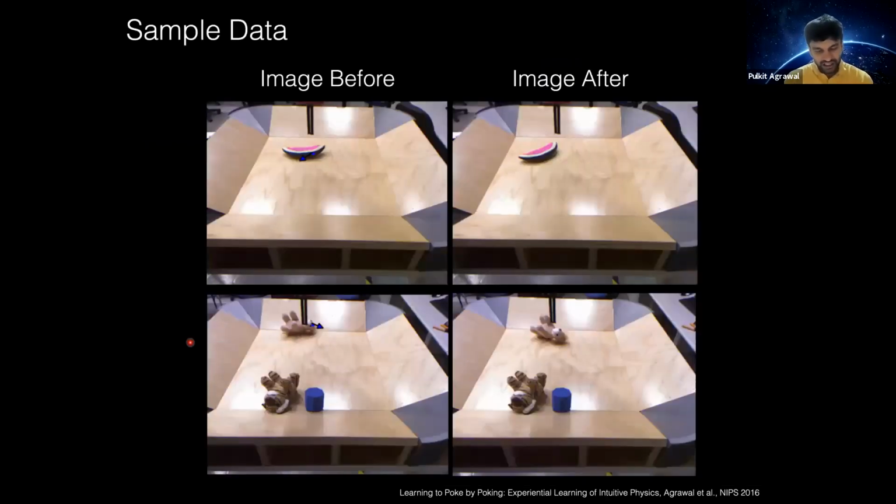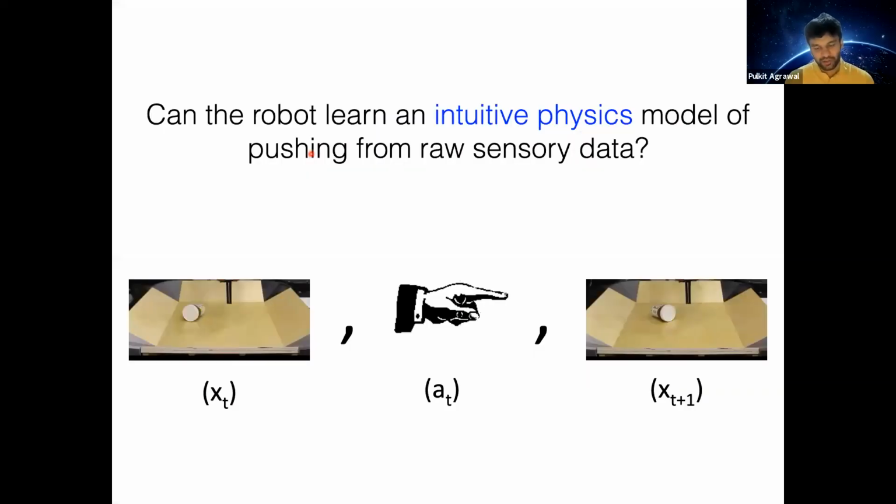So how does the data look? I have my image before and my image after, and I know the action which the robot made. And the question we can ask is, is this robot able to learn a good enough model, which if I give it a start image and a goal image, it can produce a useful sequence of actions? That's how we are going to test the model.